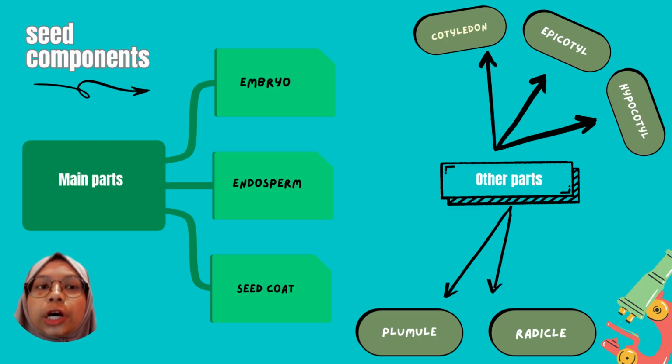It contains carbohydrates, proteins, and fats needed for early growth. The third is the seed coat, which we call testa. This is a hard outer layer that protects the seed from physical injury, drying out, and microorganisms such as fungi and bacteria.